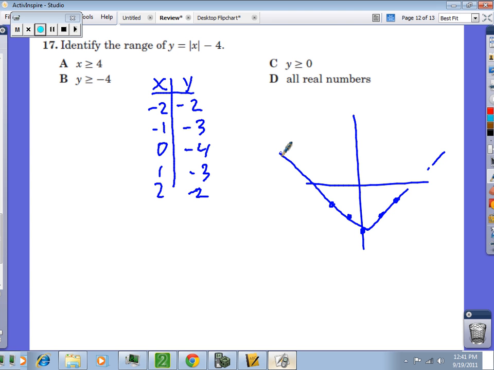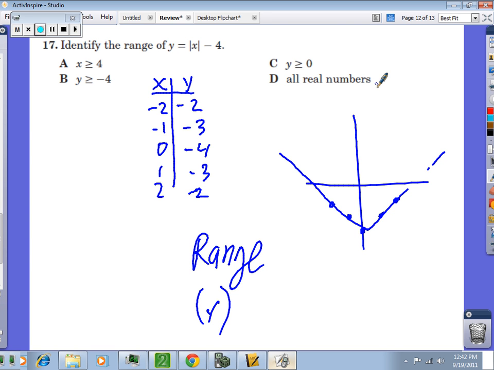Now, the range though, this is a good question. What is the range of this graph? So your range, is that all your y's or all your x's? That's your y's. The range is y's. And that's your vertical axis right here. So this graph, what is the lowest that it goes on the y?